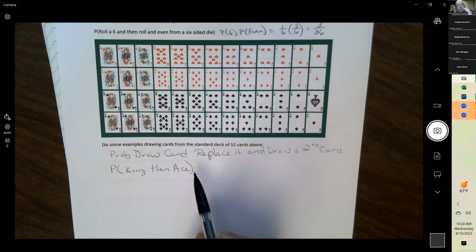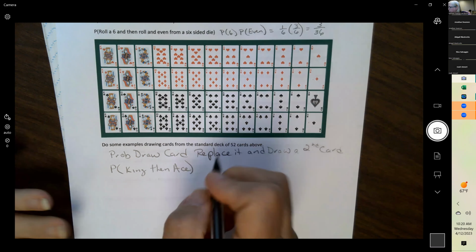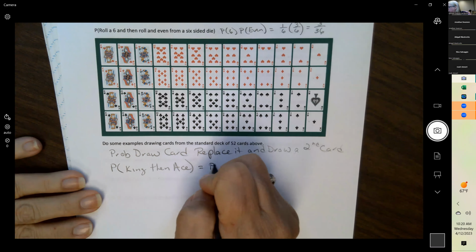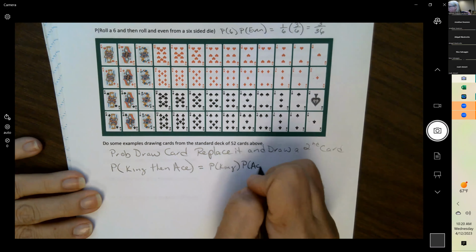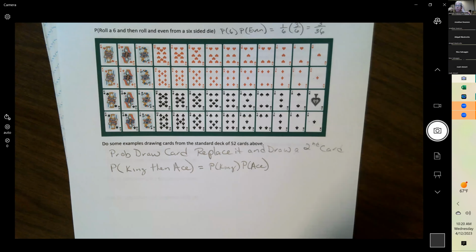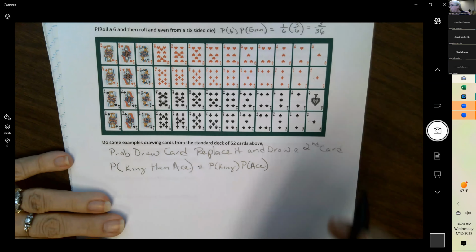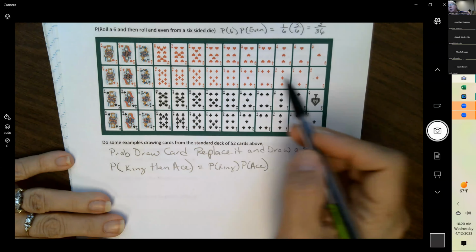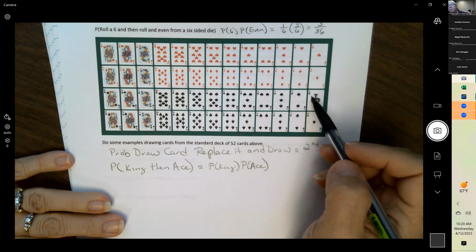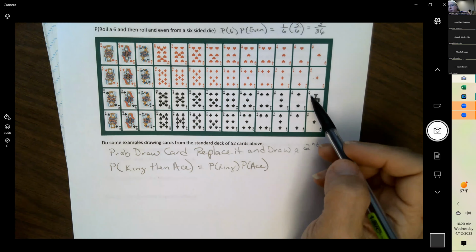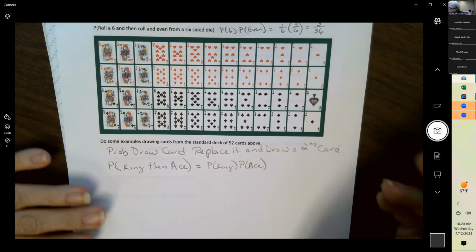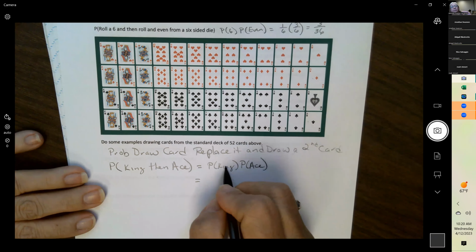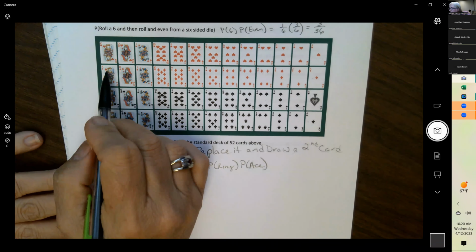So if we want a king and then an ace, we can find the probabilities separately because they're independent of each other. And there's 52 cards in a standard deck, which means I'm not including the jokers. So the probability of a king, 1, 2, 3, 4.